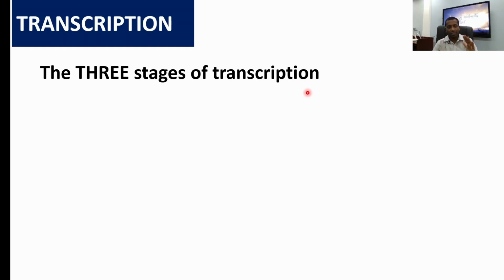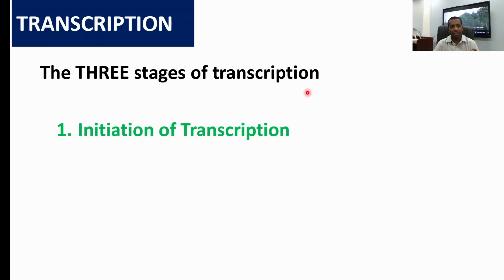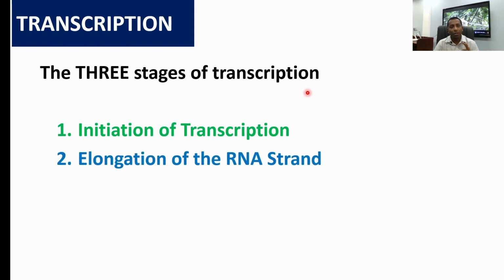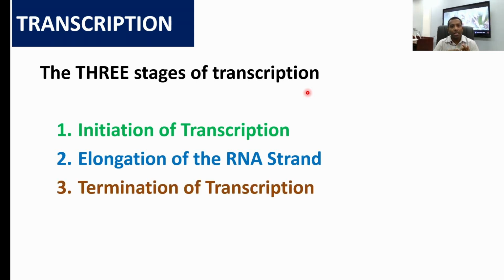So there are 4 stages in protein synthesis. If you take the first stage, which is transcription, there are 3 stages in transcription as well. So what are these 3 stages? First step is initiation of transcription, elongation of the RNA strand, and the termination of the transcription.